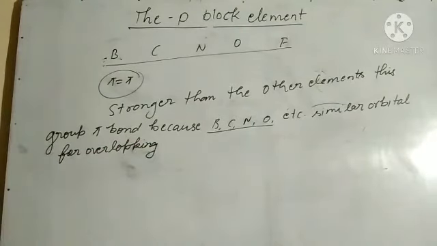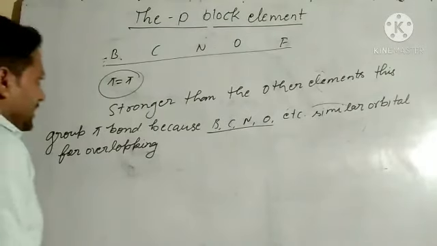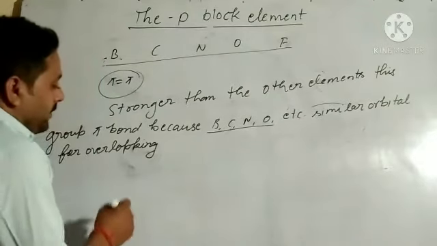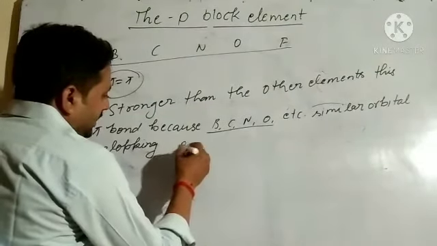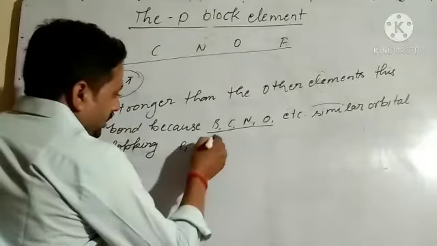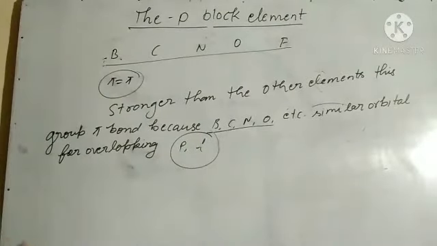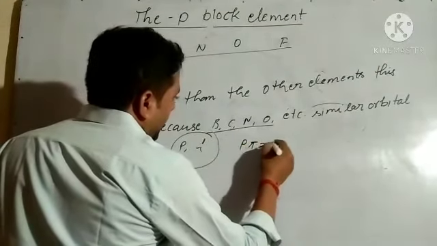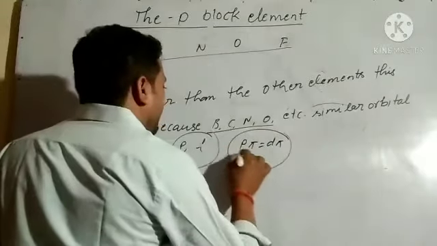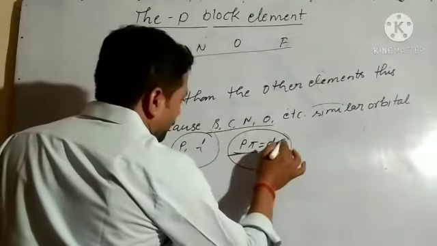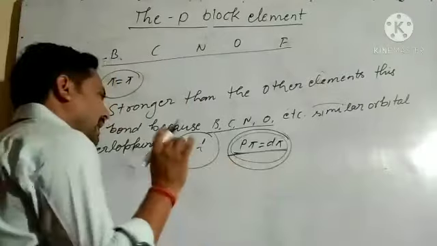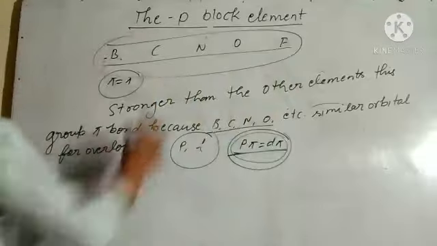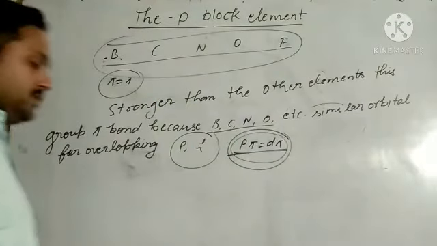While other elements like phosphorus and silicon use one p orbital and another d orbital, so proper overlapping is not possible and they form p pi-d pi bonds. Because of this, the pi bond is weaker than the pi bond formed between the first elements. Have you got it?